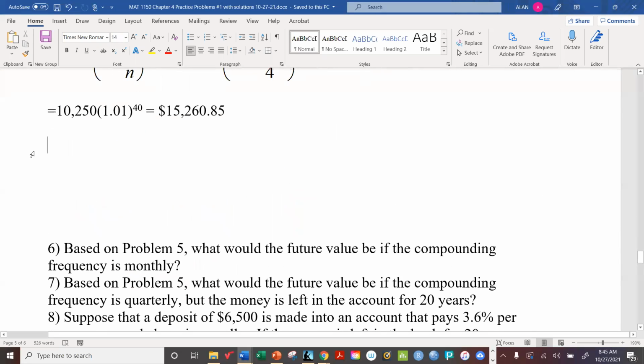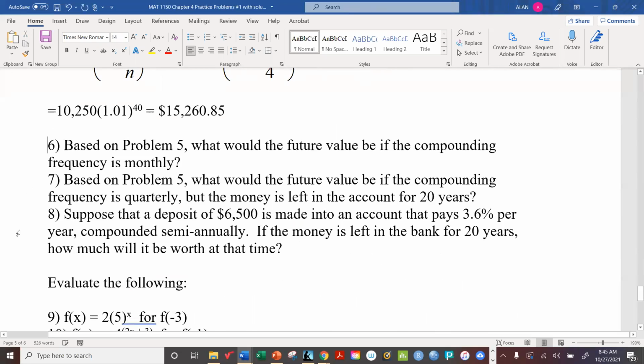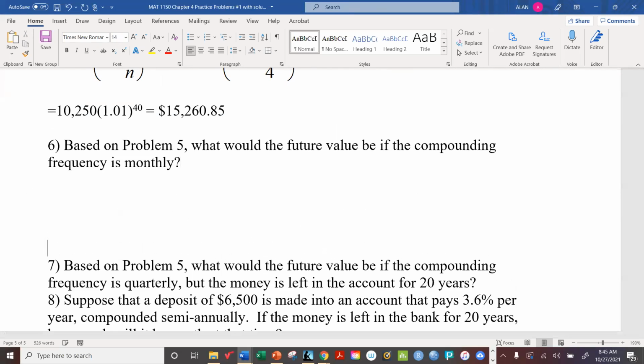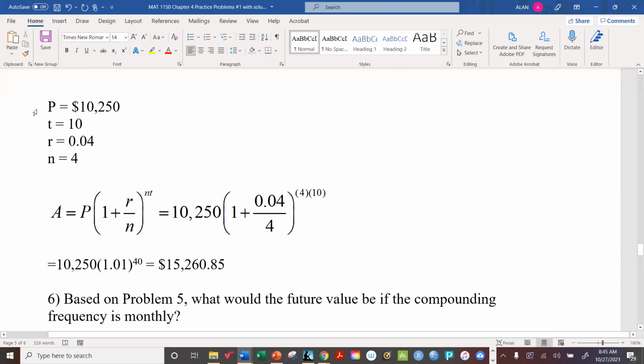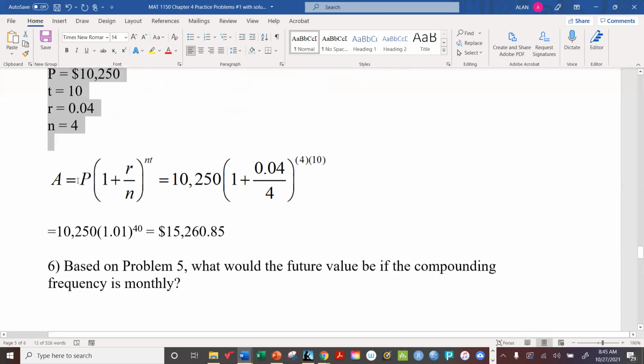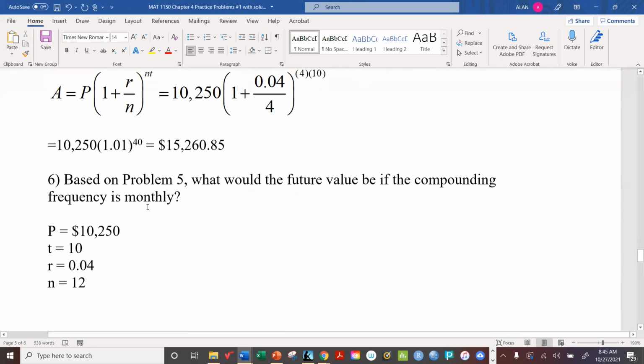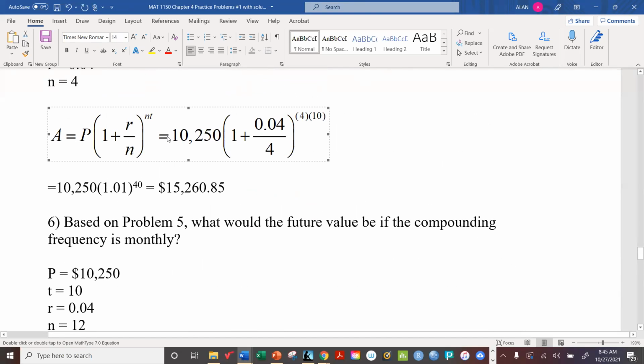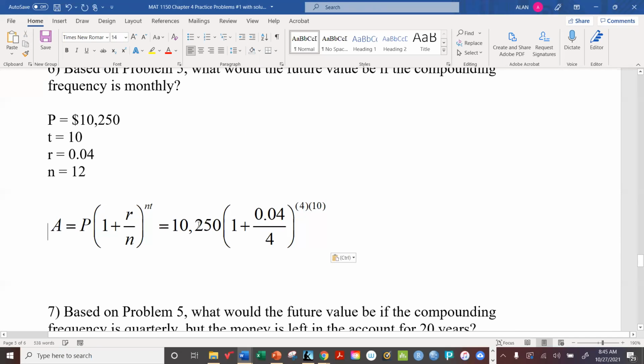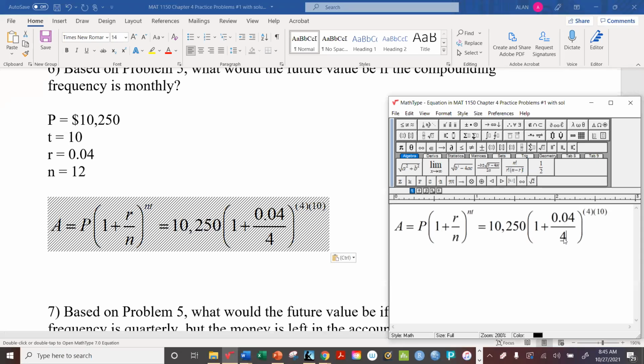Now, what else were we supposed to do? Oh, okay. Now here in problem 6, you're supposed to redo this problem with monthly compounding. Okay, so in other words, nothing has changed except for n. N is now 12 instead of 4. So what I'm going to do is steal this formula and just change it a little. So this 4 becomes a 12, and so does this one.